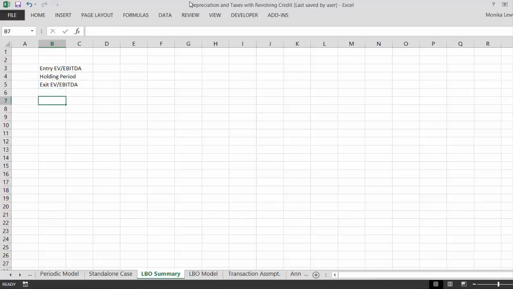and then we'll put some financing, and then we'll put some assumptions in here. Over here, we'll put some operating assumptions.